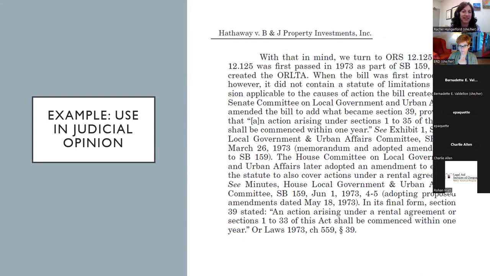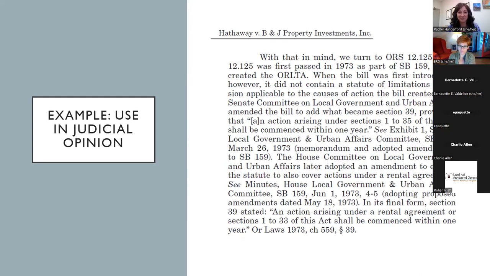And then I threw in an example of how legislative history gets cited by the courts. You may remember an email from Emily in May, I think, about a long convoluted case relating to whether there's a discovery rule that tolls the one-year statute of limitations in landlord-tenant cases.